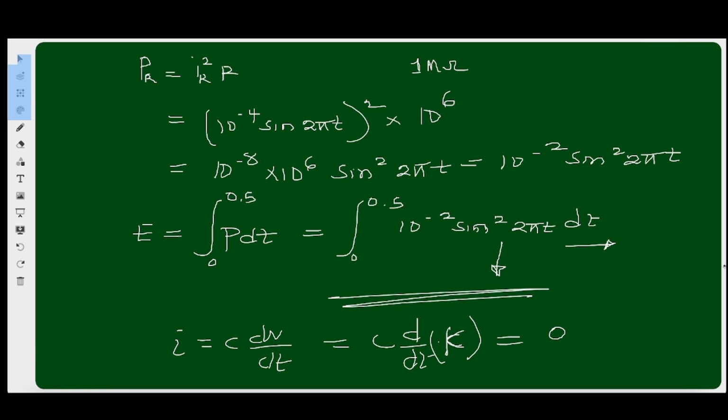The second important characteristic is that a finite amount of energy can be stored in a capacitor even if the current through the capacitor is 0, such as when the voltage across it is constant.